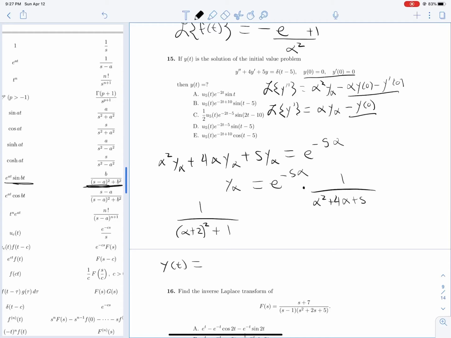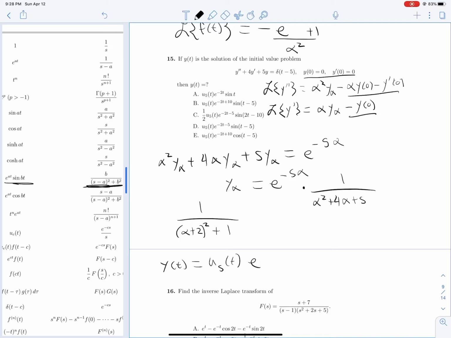So overall, we are getting y of t as being, remember that this e to the -5 alpha will become u5 of t, and then we're transforming this guy normally, but replacing all of the t's that we get with t minus c.